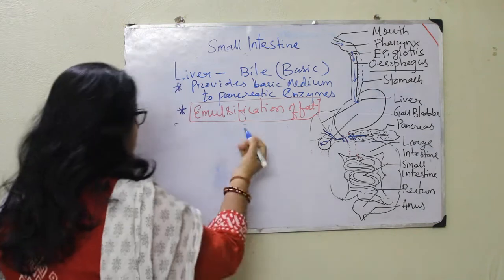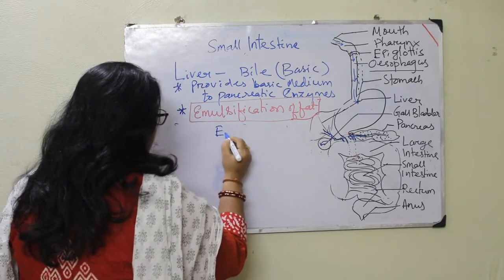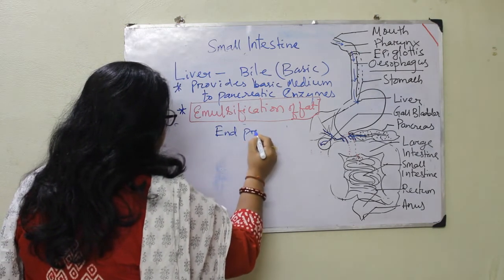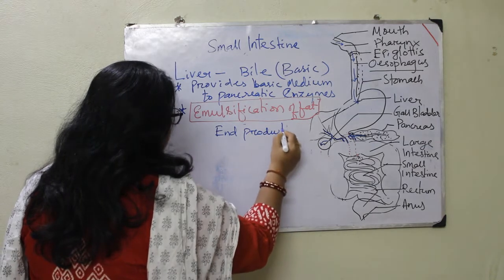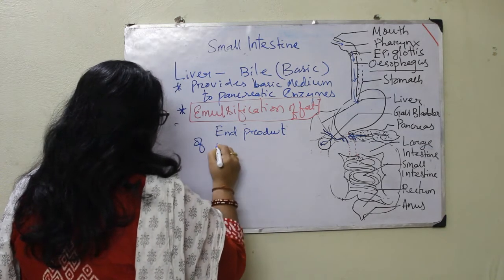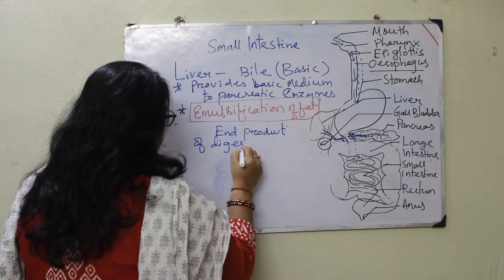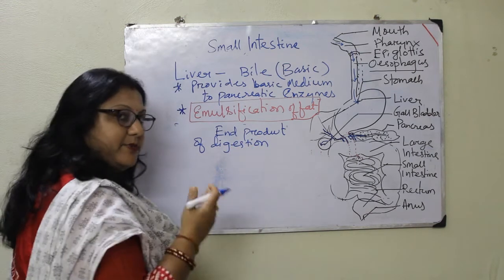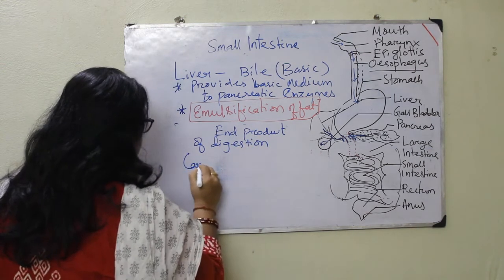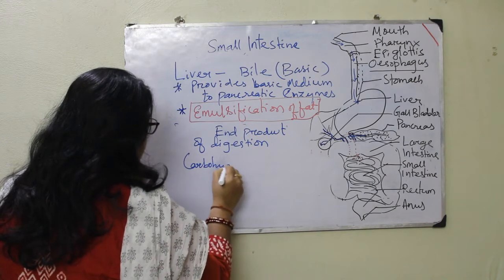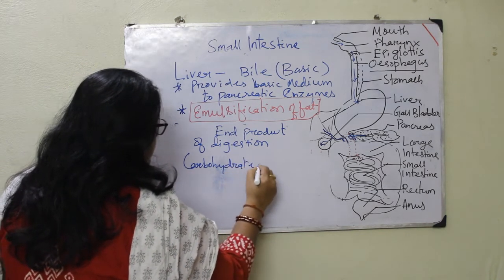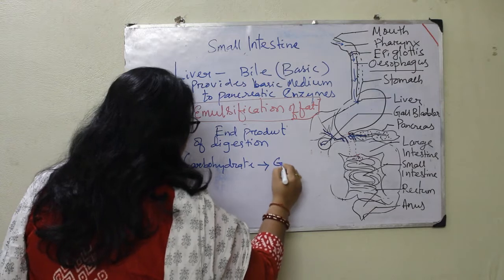So we will be now discussing the end products of digestion. Okay, so what are the end products of carbohydrates? Carbohydrate is converted into glucose.